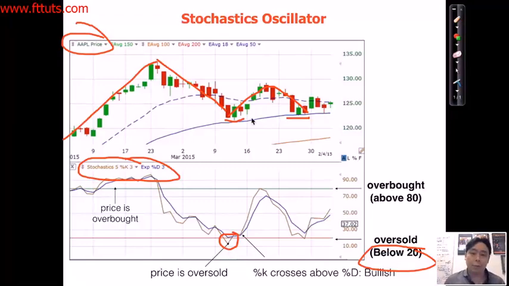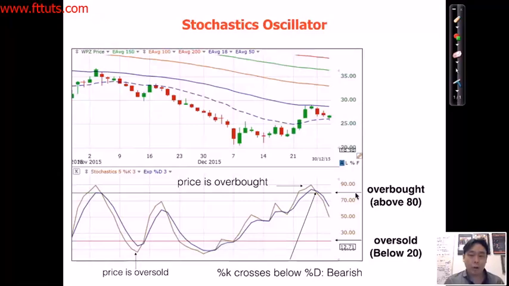Okay, so that's the best time to actually buy. Over here, you can see that it retraced again back to the moving average, but stochastics was not really below 20, so this was not overstretched enough. This would have been a better entry for a long. Okay.